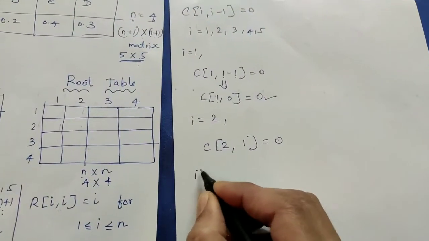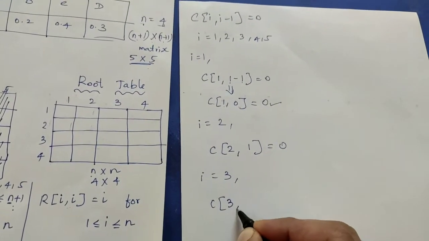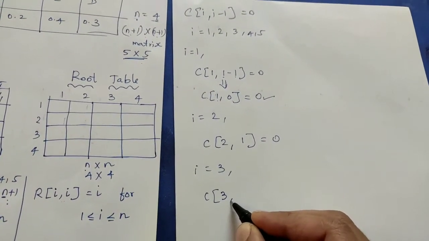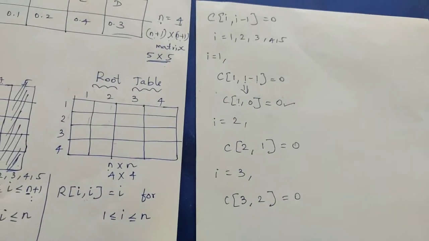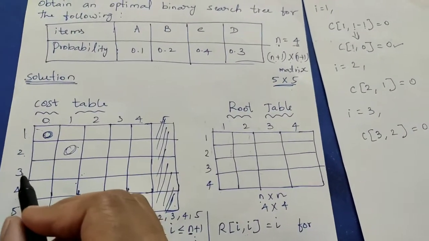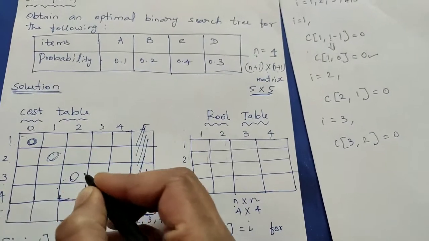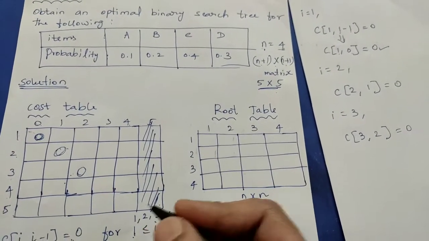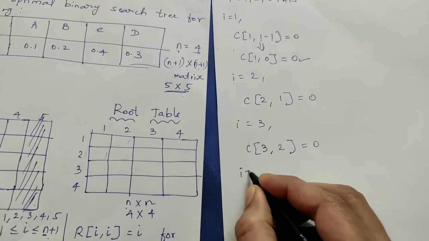So next consider I is equal to 3. Cost of I value is 3. I minus 1 means 3 minus 1, it is 2. So set this value as 0. So go to the cost table. C of 3 comma 2, set this value as 0. So next I need to find out I is equal to 4.